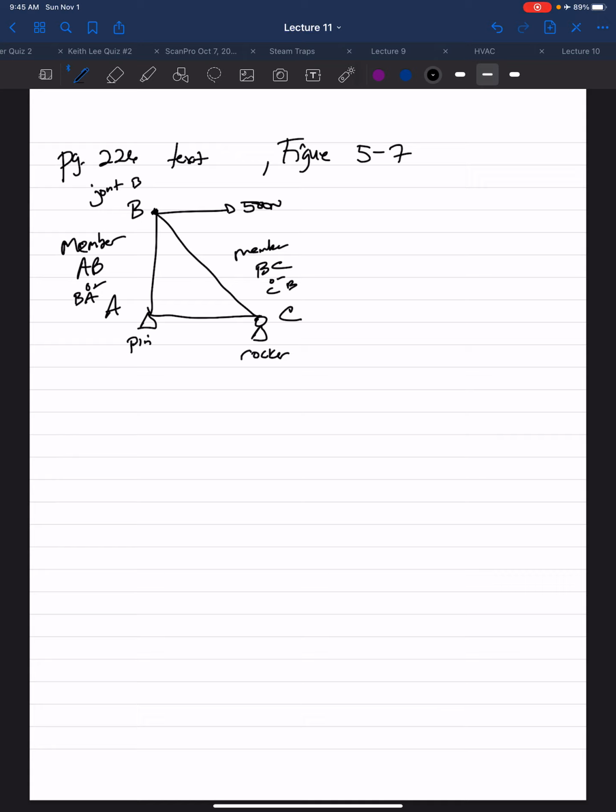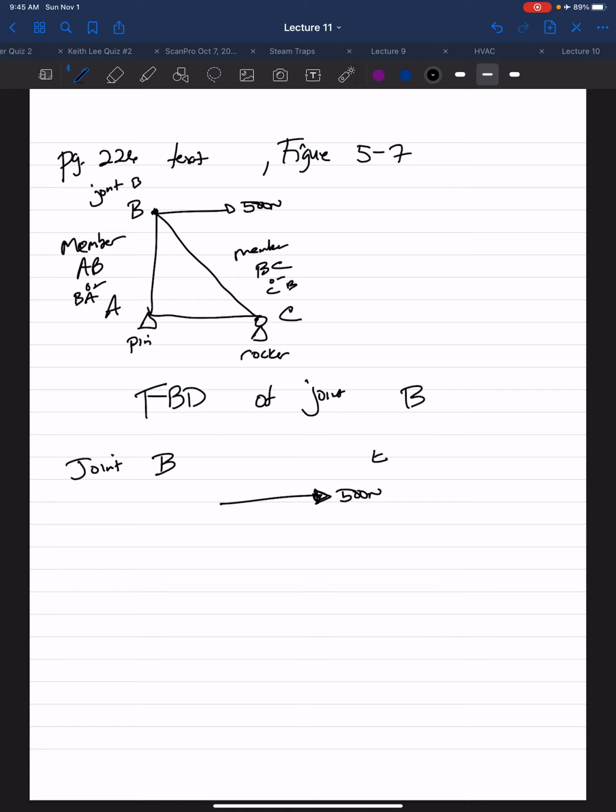So if we do a free body diagram of joint B, we have the 500 newton force that's given, and its sense is in the positive x direction, to the right.